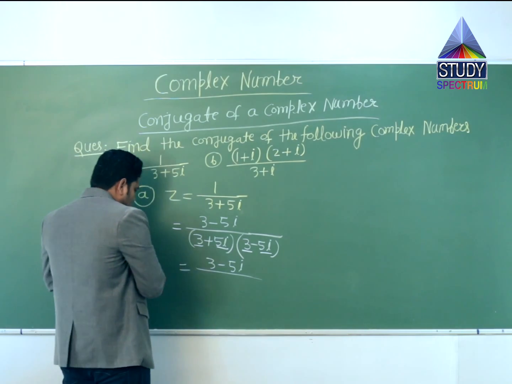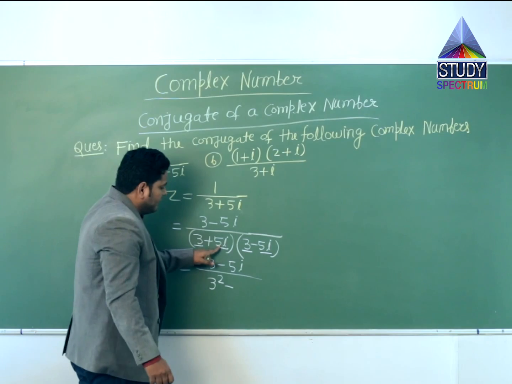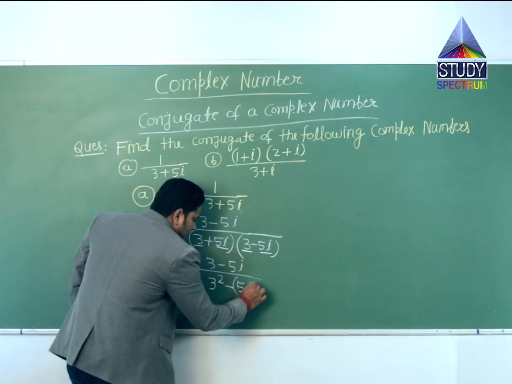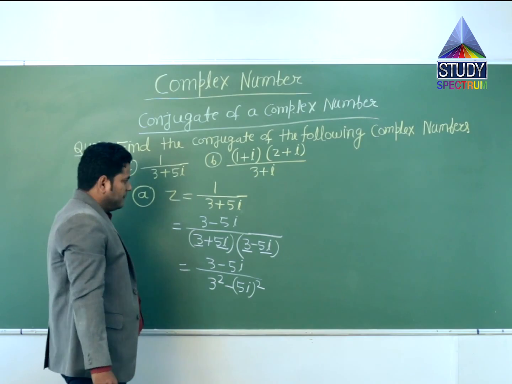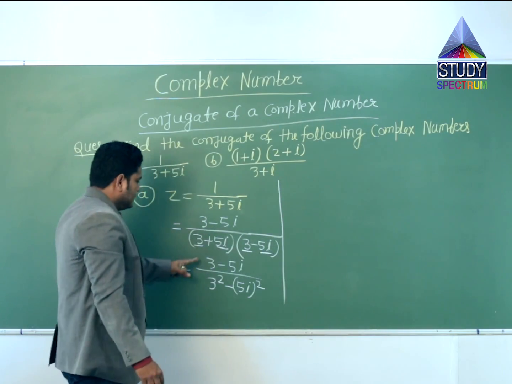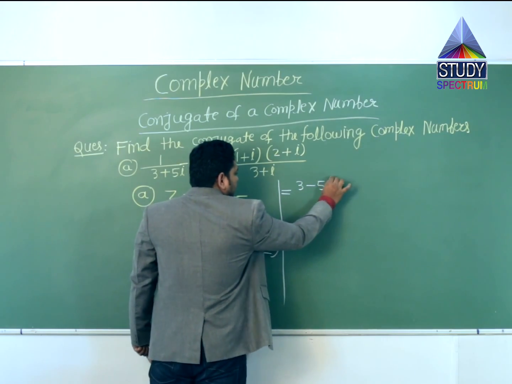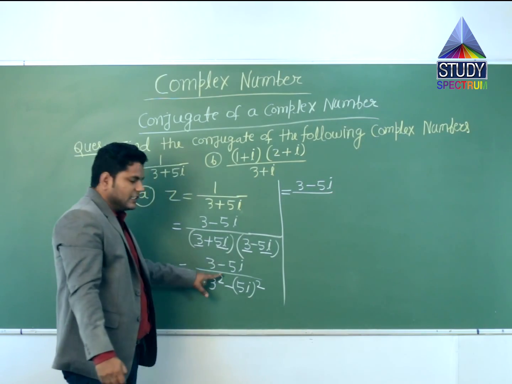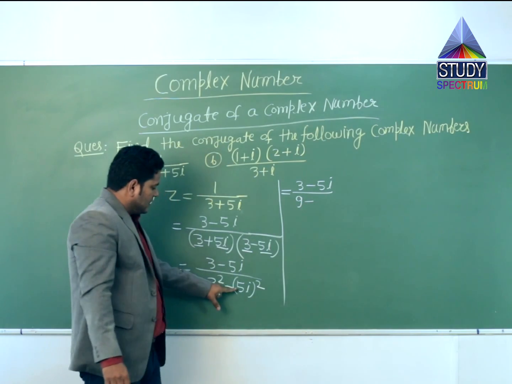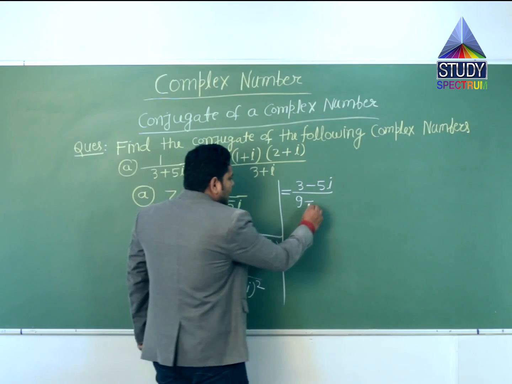So we'll write here 3 square, and in place of b we have 5i, so minus 5i square. Now 3 minus 5i upon 3 square is 9, minus 5 square is 25, and i square is i square, so we'll write 25 i square.